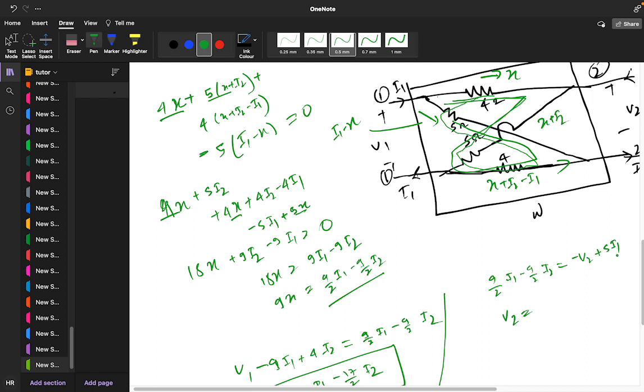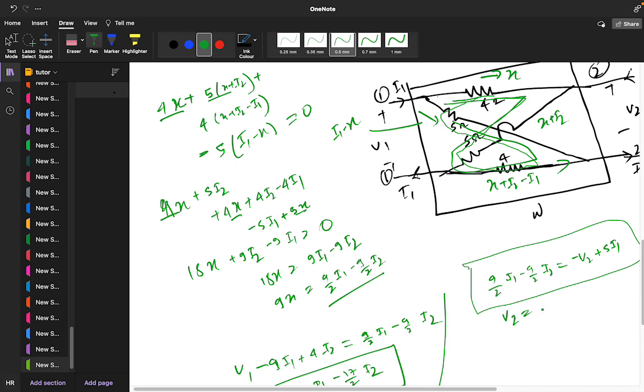If you solve these equations, just tell me the answer. What will you get? V2 will come as 9 by 2 I1 minus 5, what will you get?